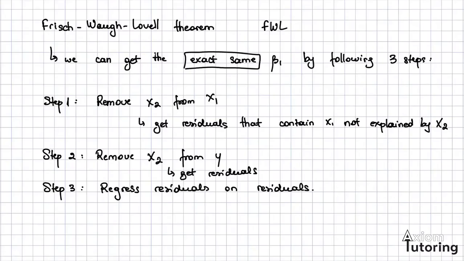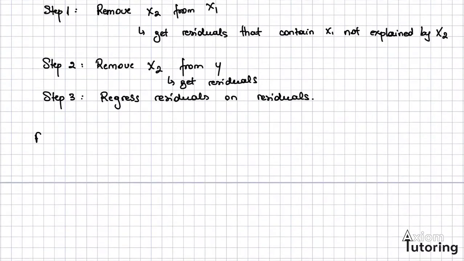Now, what does the Frisch Waugh Lovell theorem say? It says that for one controlled variable x2, but it generalizes and holds for any number of controls. That's the power of the theorem.